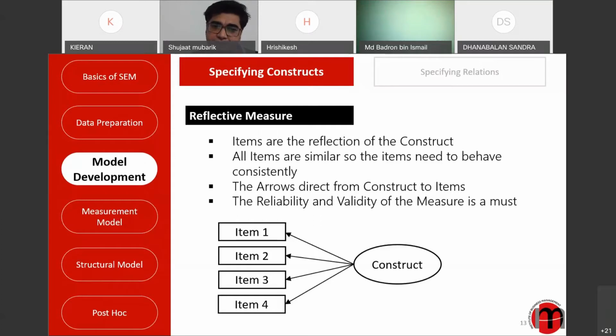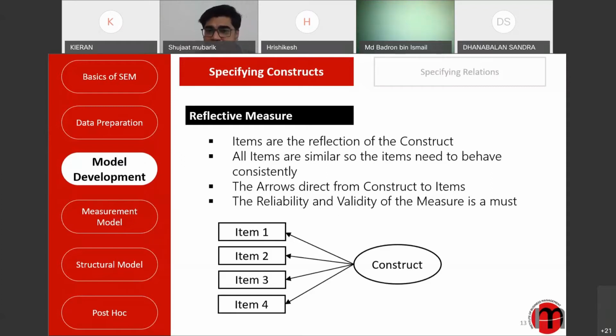That is again one of the strengths of SmartPLS, that it is highly robust and quite fair in differentiating between reflective and formative constructs. So again, to repeat, the basic theory behind the formative construct is that the items are forming the construct.